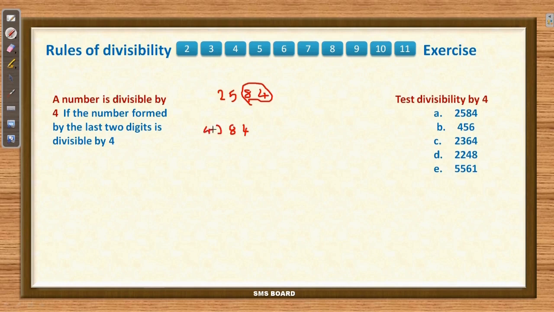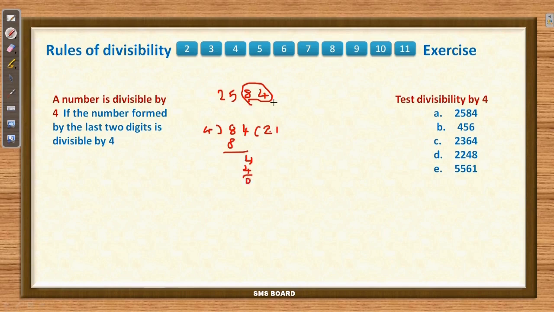So we can apply long division. This is 4. This quotient is 2. 2 into 4, 8. So remainder is 0. This 4 comes down. So 1. 1 into 4, 4. So the remainder is 0.